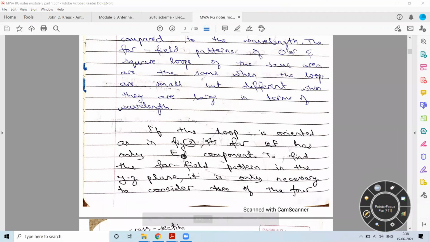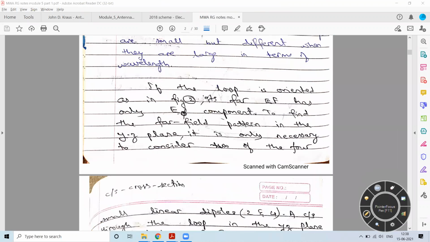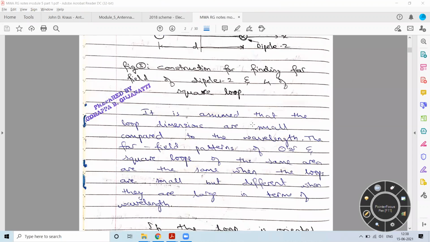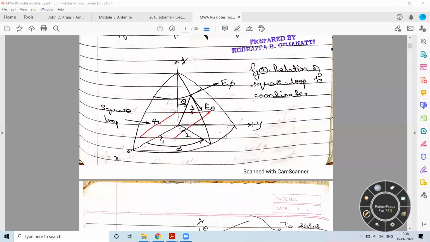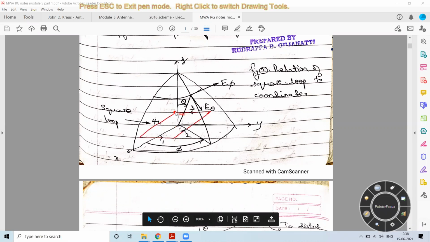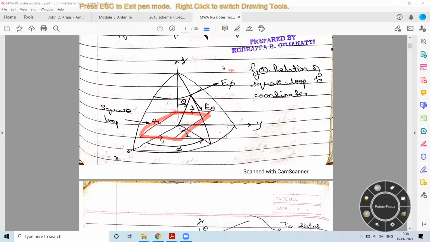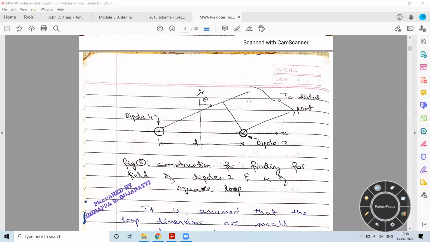Based on that, we can estimate the components associated with the electric and magnetic field. When considering the far field components for this loop structure, we have two components in the far field: one is the E phi component and another is the H theta component, based on the orientation.